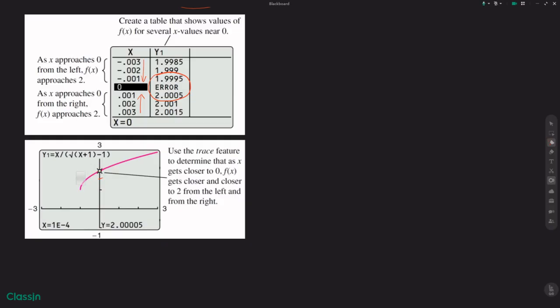As you follow the trend of the graph, when x is getting closer to 0 from the left, the function is rising and getting closer and closer to that vertical value of 2. And it works out the same way from the other side of 0. x is getting closer and closer, but still greater than 0, and the function value is going to go down, and eventually it's going to pretty much hit that same point where the y value is going to be 2. Okay.